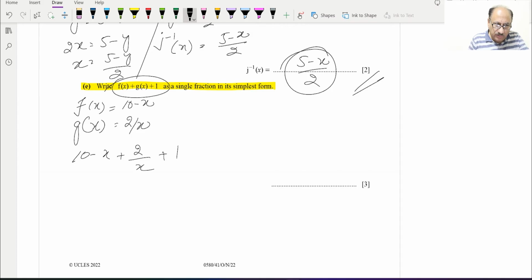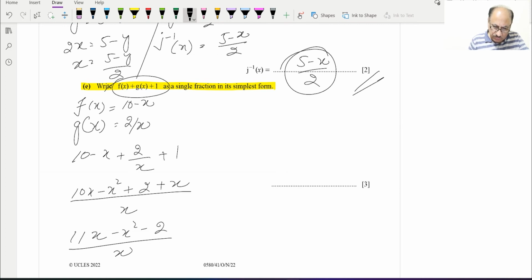So further we can simplify. This will be what? We can take LCM. Basically the denominator will be x, and the numerator will be 10x minus x square, plus 2, plus x, and we can simplify. This will be 10x plus 1x will be 11x, and minus x square minus 2 over x, this will be our answer.